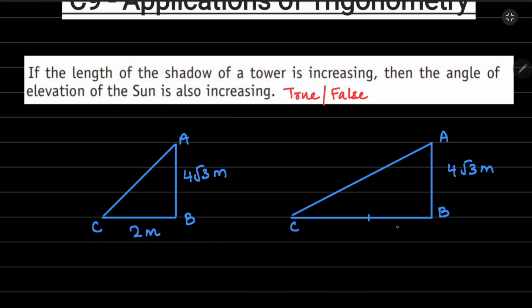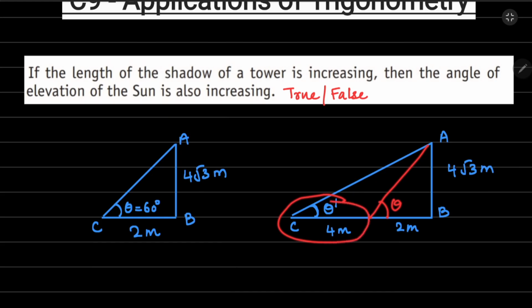So this is initially 2 meters, and then it has increased by, for example, 4 meters. Initially let your theta be 60 degrees, just an example. What do you think will be the new theta, the angle of elevation, when the length of the shadow increases? Initially, when it was 2 meters, this theta was 60 degrees.